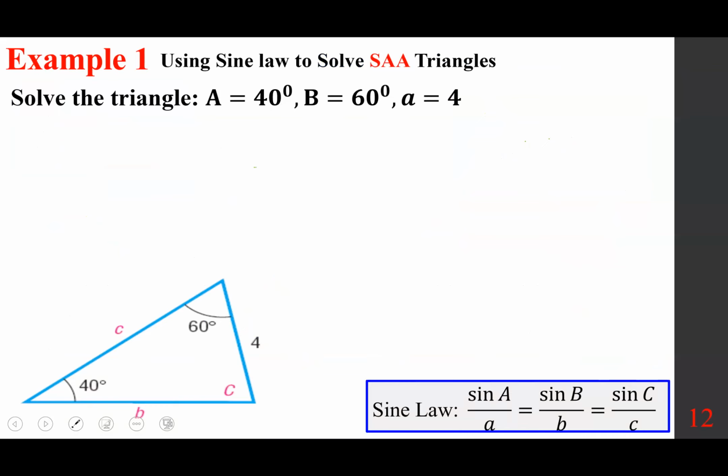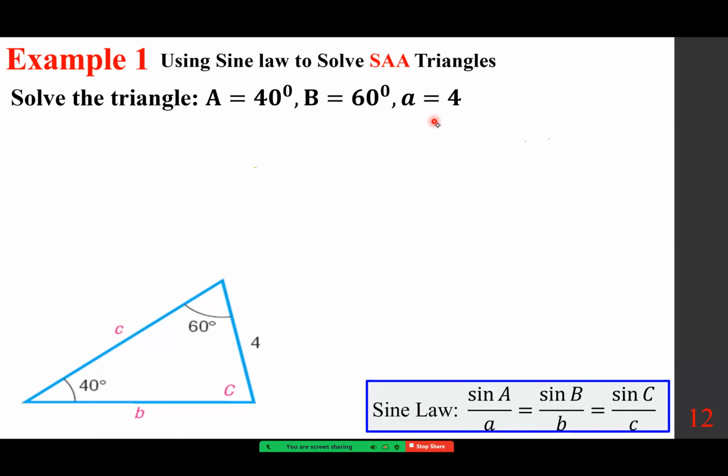Let's look at an example. Using sine law to solve side angle, this was case number 1. Solve the triangle when A is 40 degrees, B is 60 degrees, lowercase a is 4. In other words, 2 angles are given with one side.